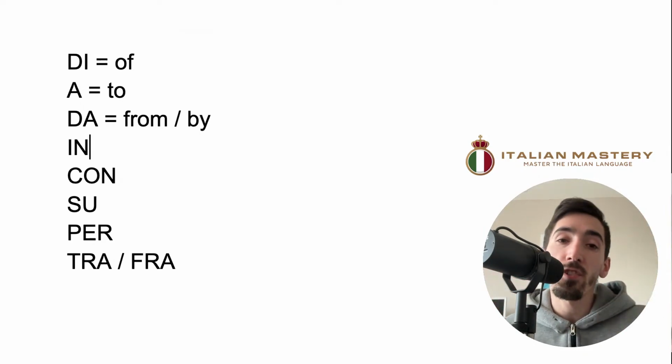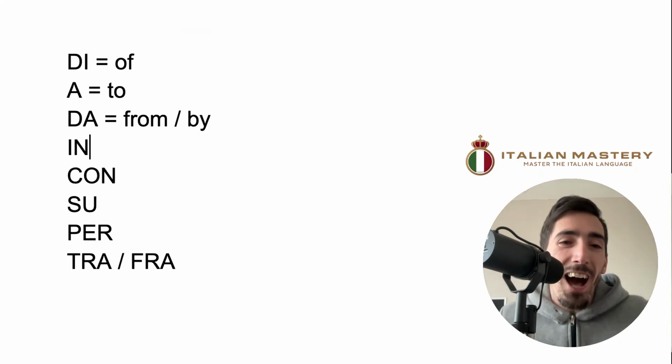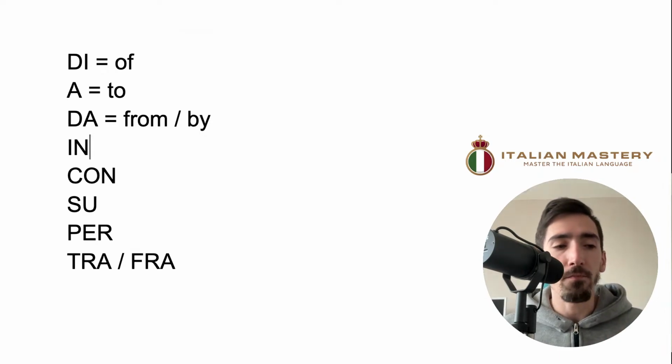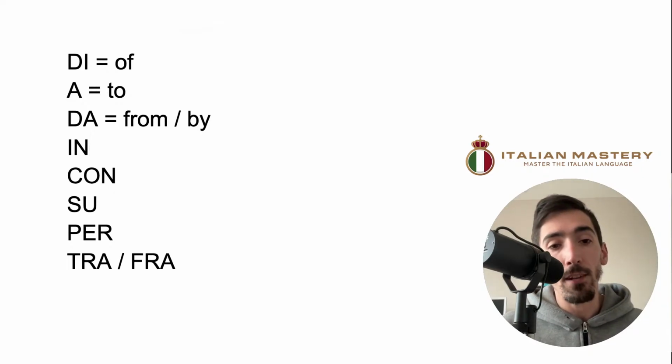However, when we start learning a new language, we have to know what the words mean. And so we are going to make concessions. And with these short words, prepositions, we can definitely get an idea of what they mean, right?